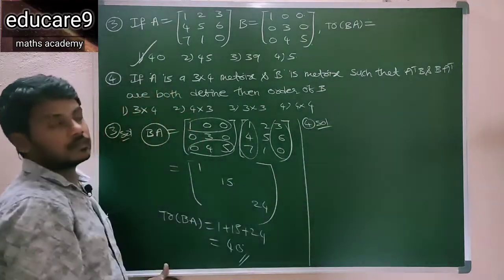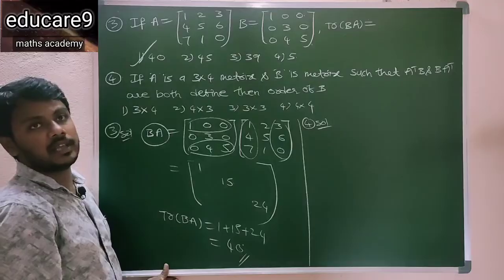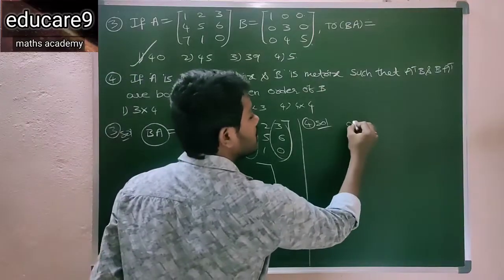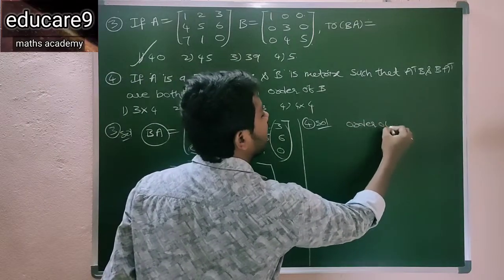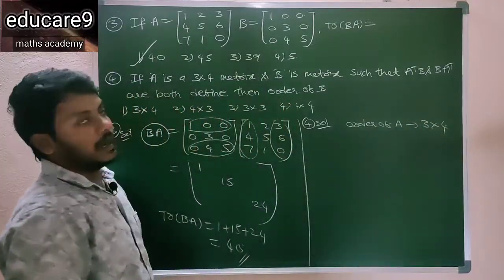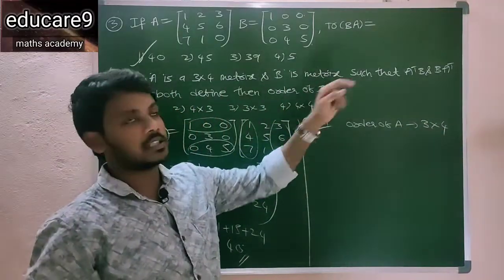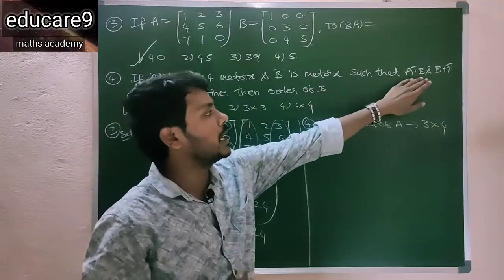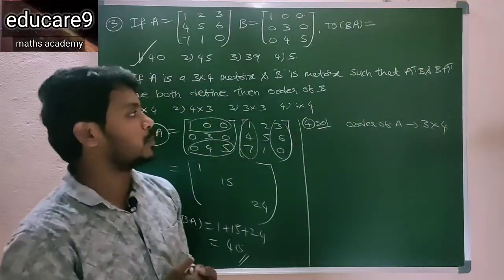So next one. Here the order of A is given, that is 3 by 4. And B is any matrix such that A transpose into B and B into A transpose are possible.